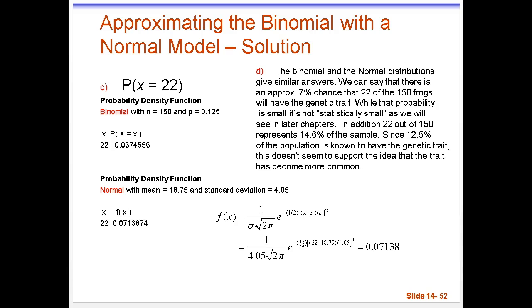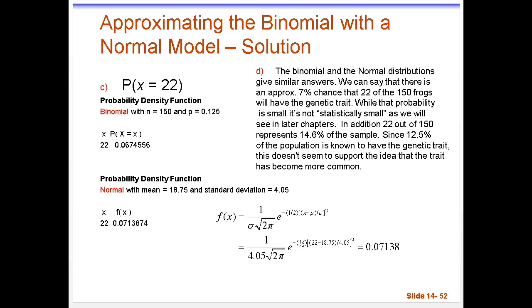We worked out the mean to be 18.75. Does that mean that every time I take 150 frogs, I'm going to get roughly 18 or 19 of them that will have the genetic trait? No, I'm not. Sometimes I'm going to have 20, sometimes I might have 25, sometimes I might only have 14 or whatever. But in this case right here, 22 is not radically different from 18.75.